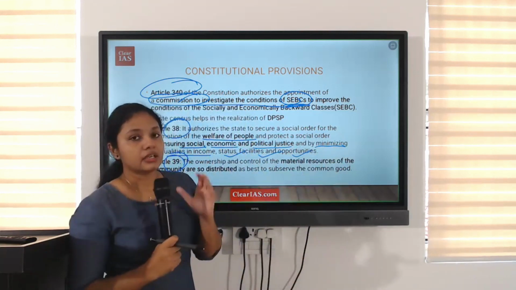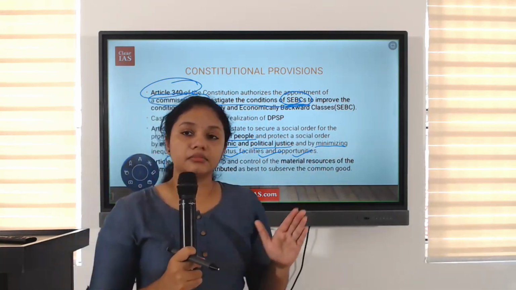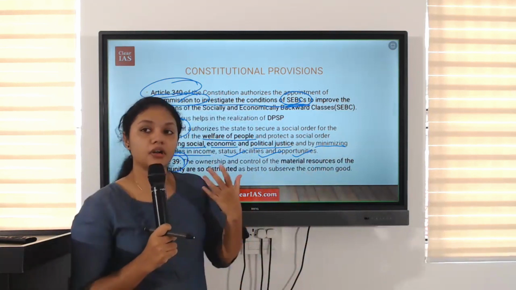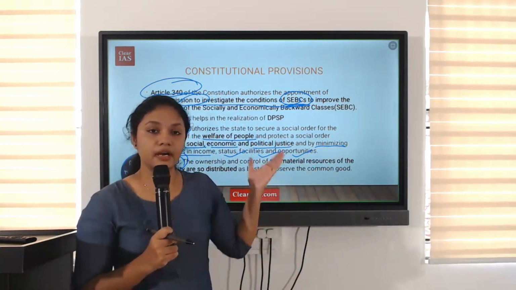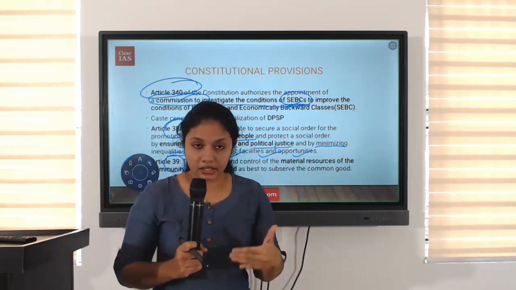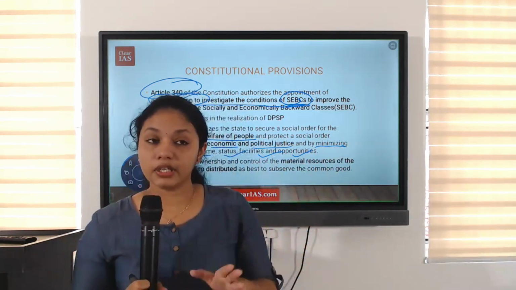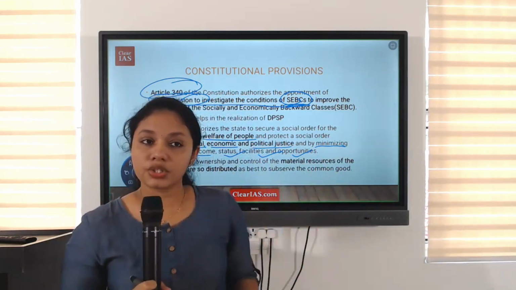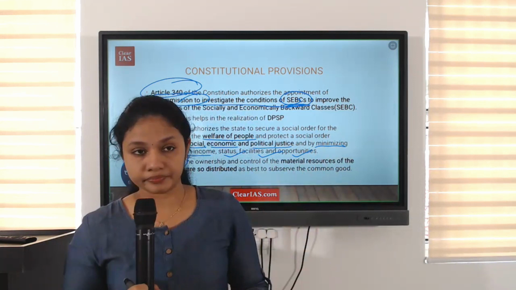Clear? Meaning, Article 38 allows the conducting of a census for the welfare of the people, to address injustice, be it social, economic, or political.